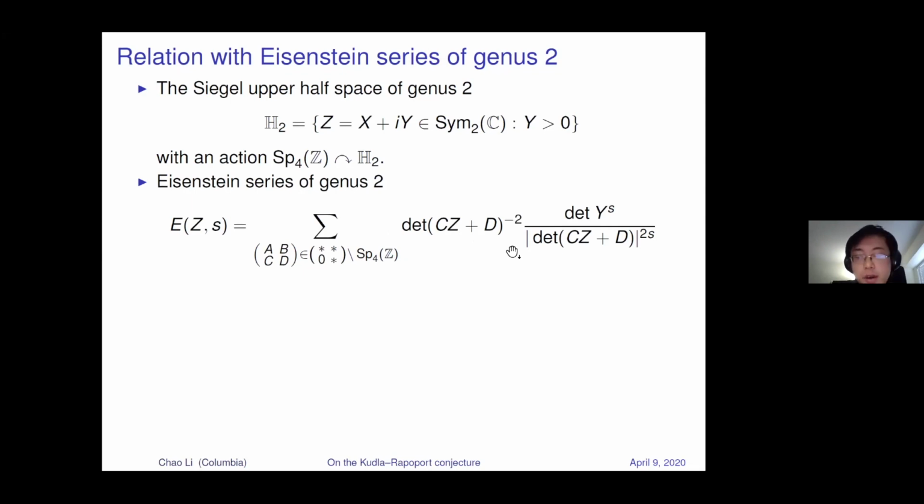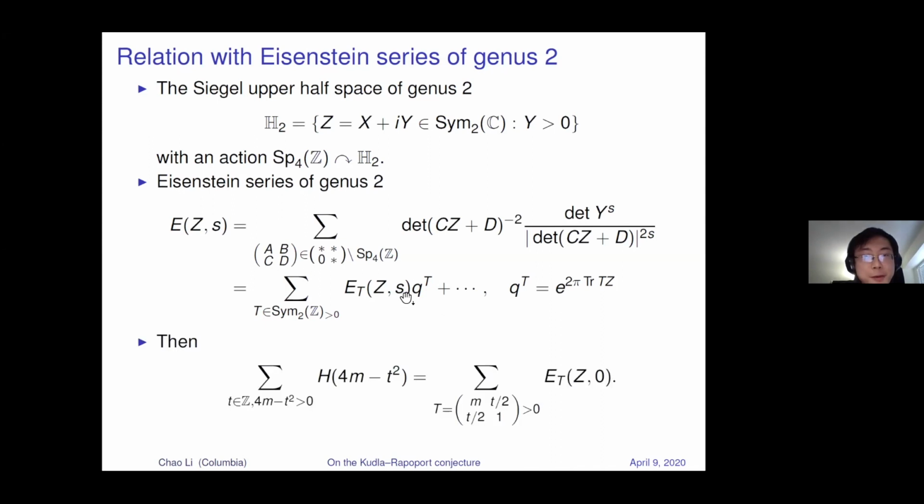Like a classical Eisenstein series, it also has a Fourier expansion. Part of the Fourier expansion is holomorphic, indexed by 2 by 2 half-integral symmetric matrices that are positive definite. I'm going to denote these Fourier coefficients, indexed by these matrices T, by E sub T, z, s. If you know a little bit about the theory of Siegel-Eisenstein series of genus 2, you actually recognize these Fourier coefficients.